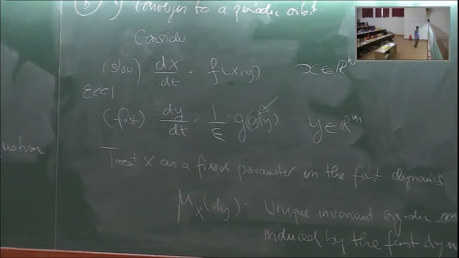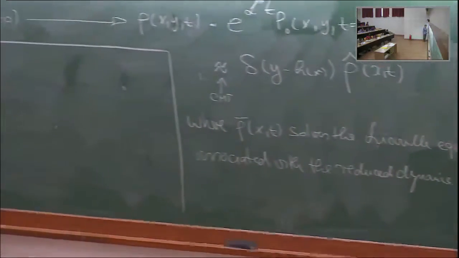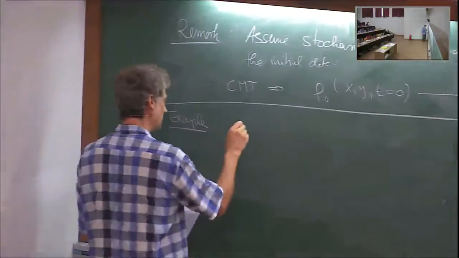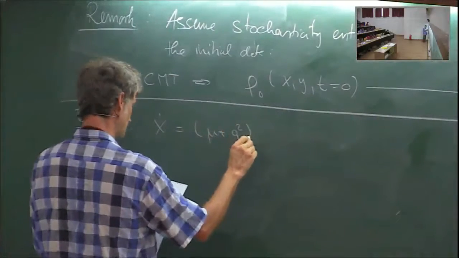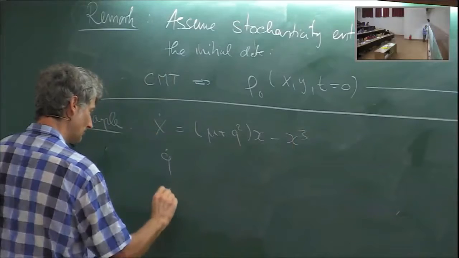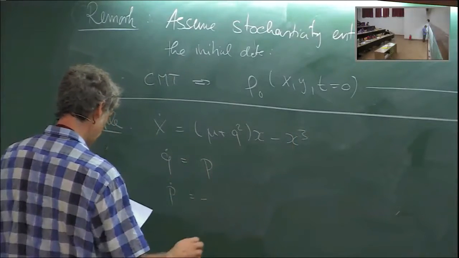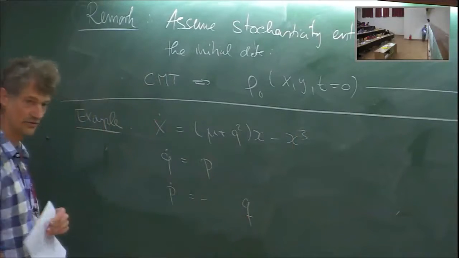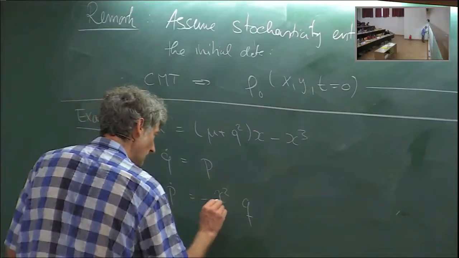Okay, so let's take a simple example, again just to see how this all works. x dot is mu plus q squared x minus x cubed. And now we have a linear oscillator: q dot is p, and p dot is not just minus q, but the frequency depends on x.